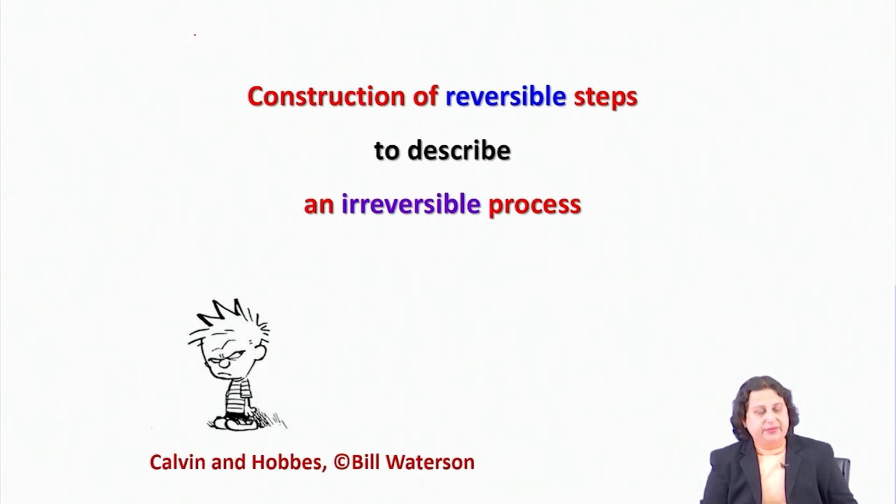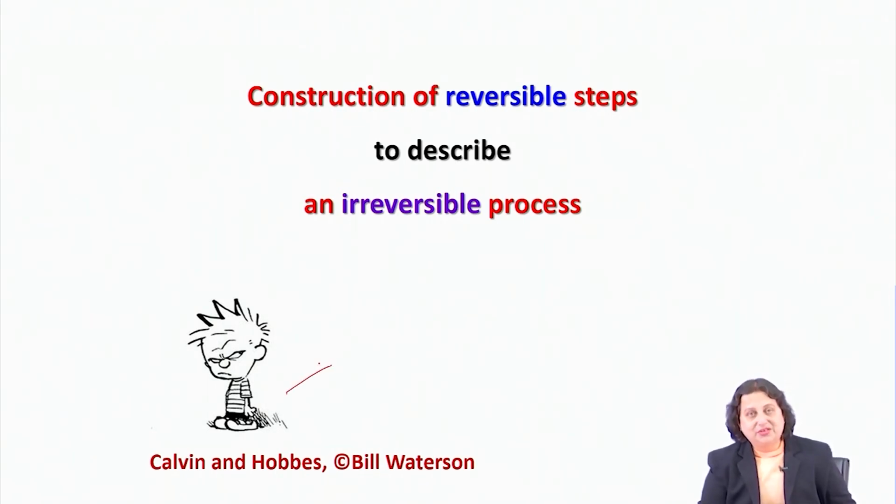So, little Calvin, who was introduced to us by Bill Watterson, thought that since entropy is defined in terms of reversible processes, he can do without thinking about irreversible processes. So, he looks grumpy over here.